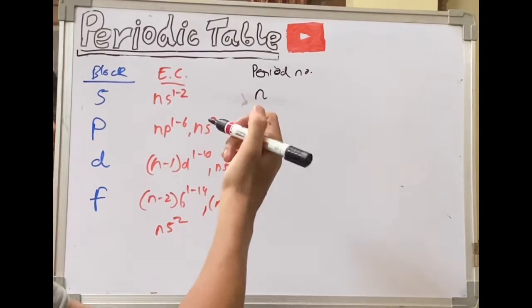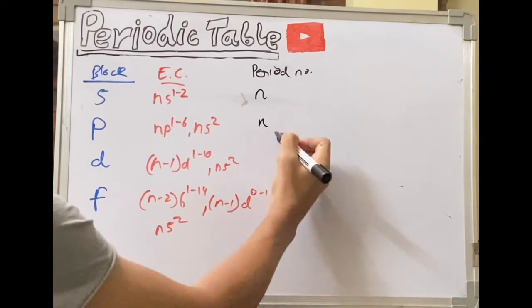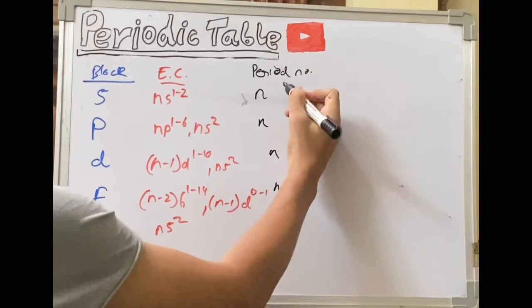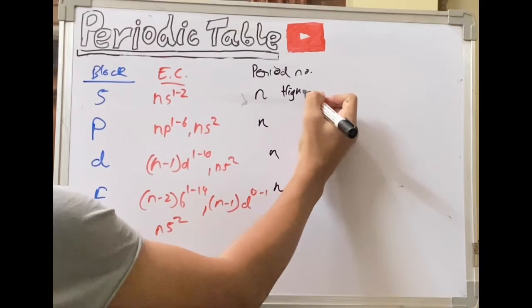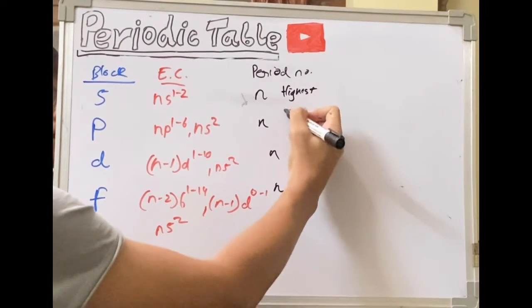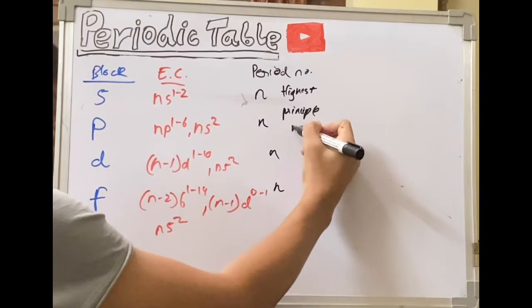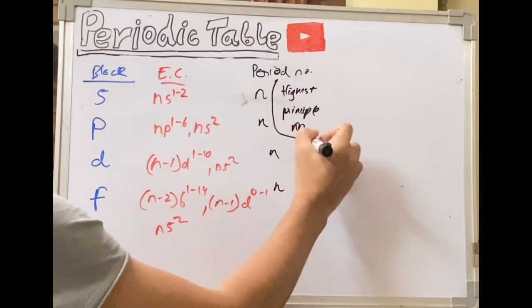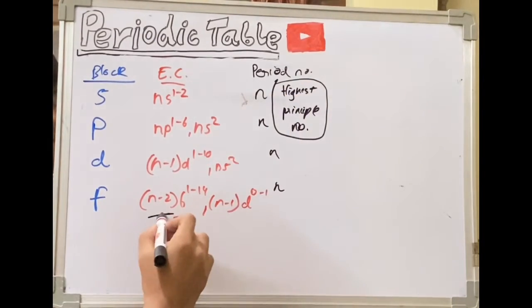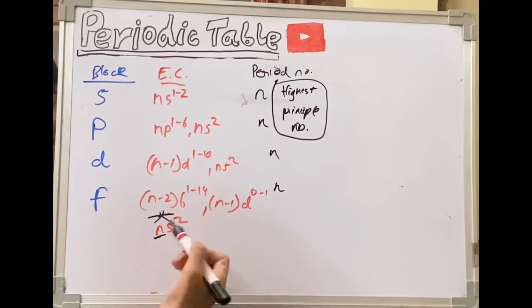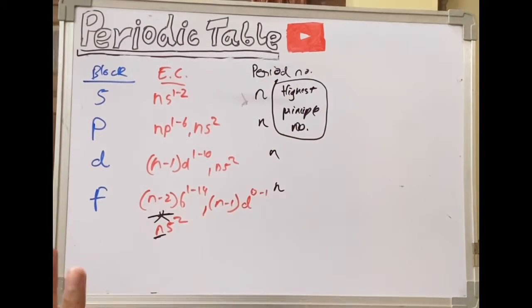Here also it's the value of n, the highest principal quantum number. So in this case you won't take n minus 2, you will always take n. Okay, so period number is very easy to find.